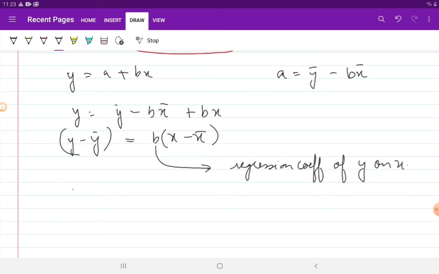So you can even write this for clarity as y minus y bar is b yx, the regression of y on x, b yx times x minus x bar. Okay. So remember, when you are regressing y on x, your regression coefficient is byx.